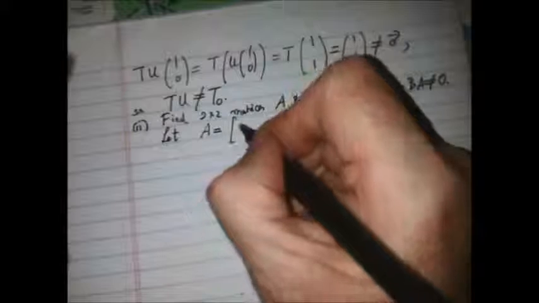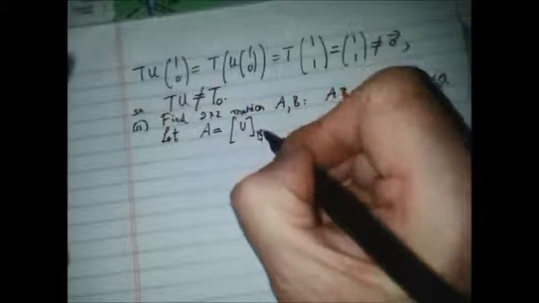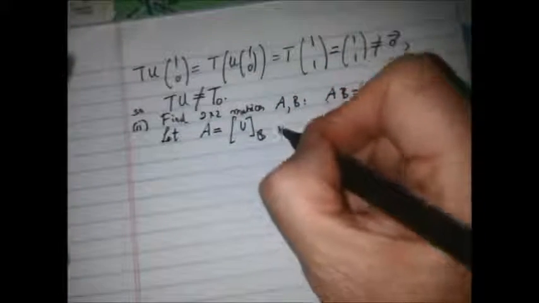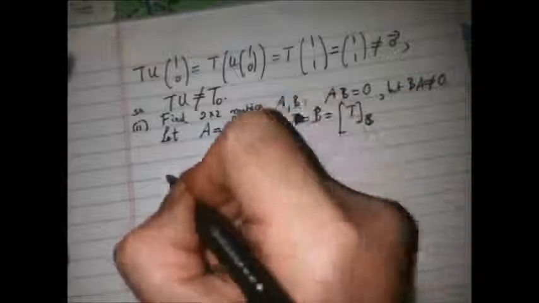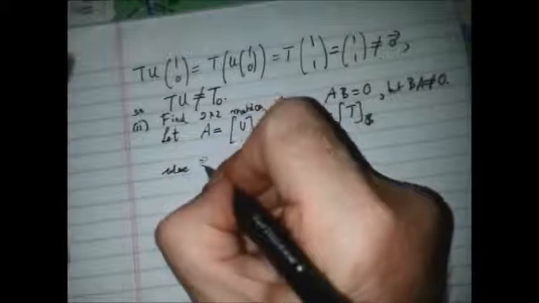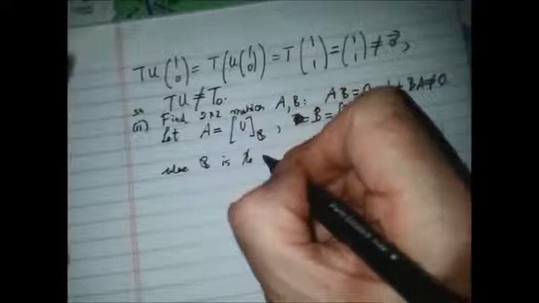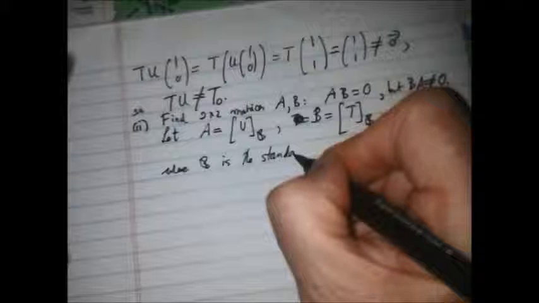be the matrix of U relative to the standard basis, and let B be the matrix of T relative to the standard basis, where the standard basis is that of F2.